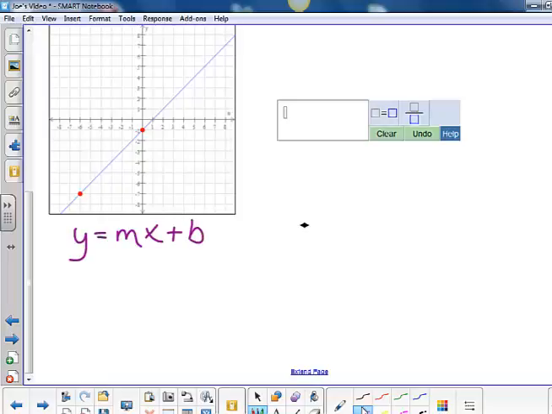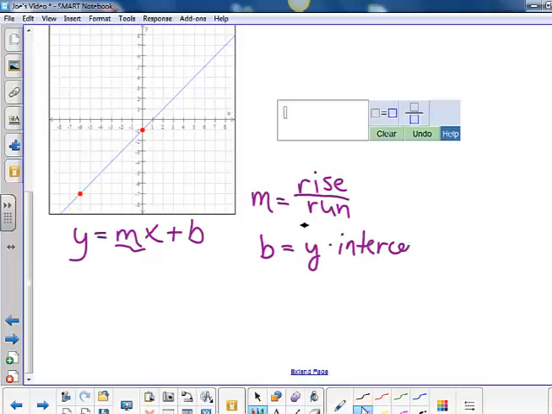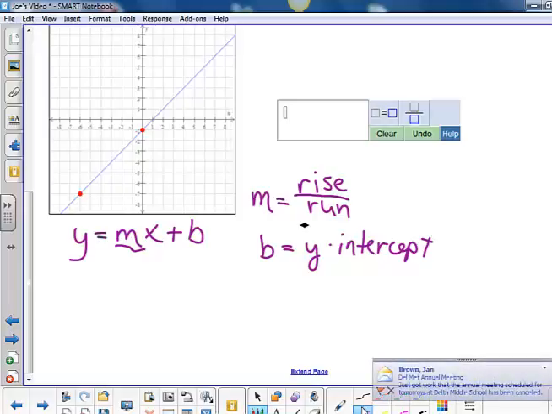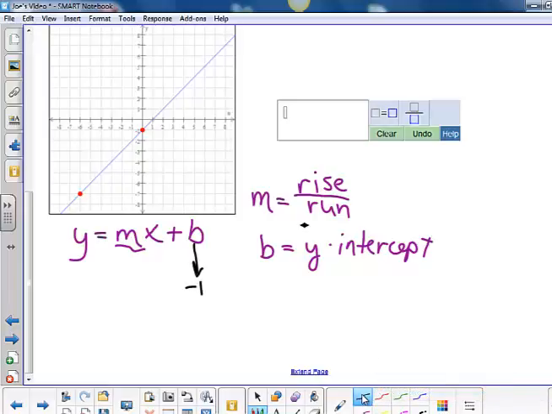M is my slope, and b is the point that the line crosses the y-axis. Okay? So let's look and see where this line crosses the y-axis. All right? So as I look, I see that my line crosses the y-axis at negative 1. So b equals negative 1.